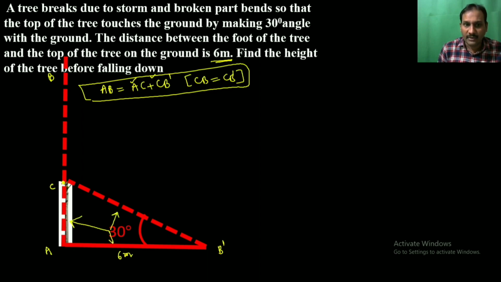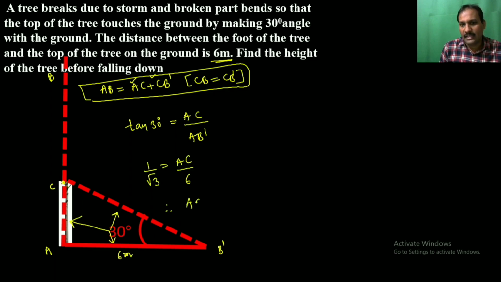And we have the adjacent side. First let us find the opposite side. Opposite side we have to find, and adjacent we have. What is the relationship between opposite and adjacent? That is tan 30 degrees is nothing but AC by AB dash. So tan 30 degrees is 1 by root 3, and AC we have to find, and AB dash is 6 meters.